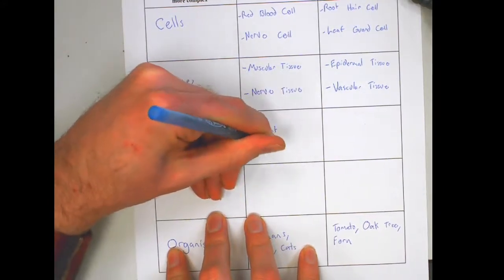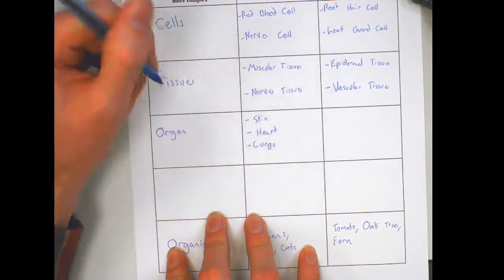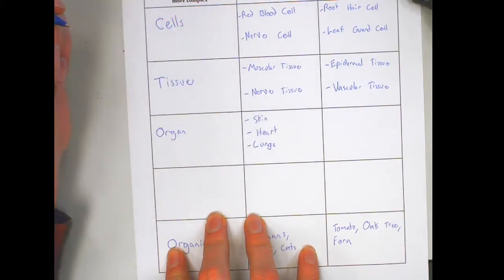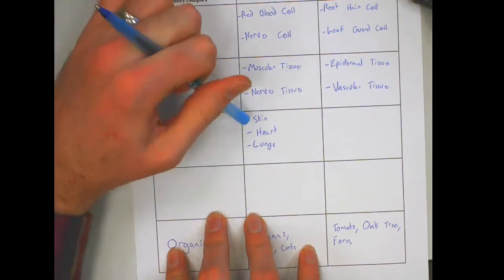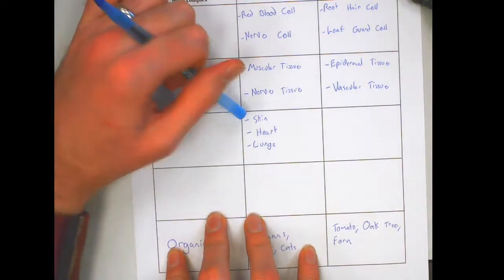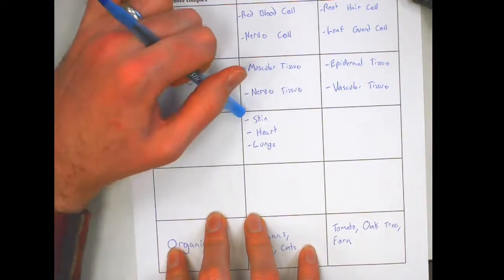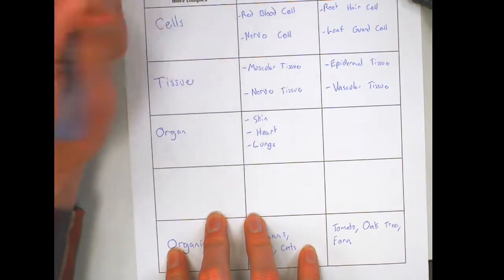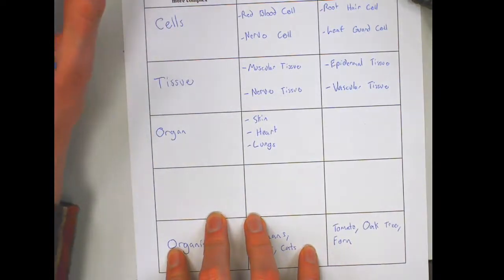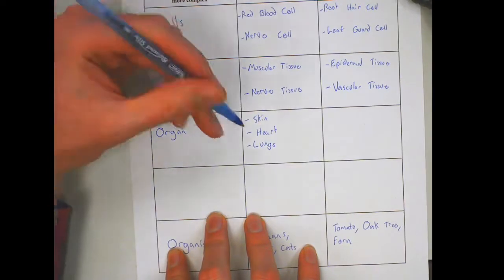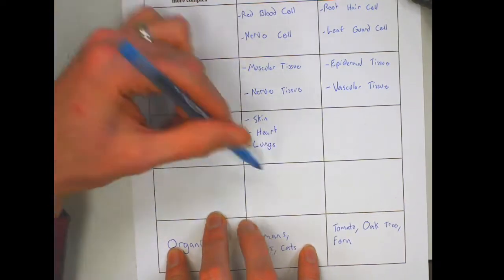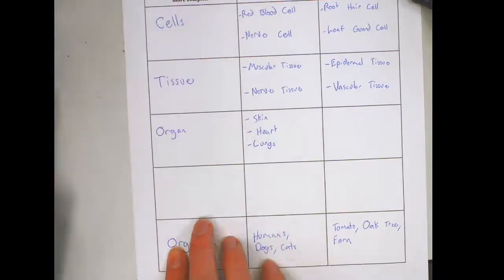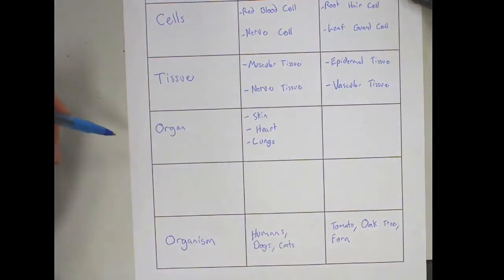Now, if you feel comfortable writing in some other organs, you can do that and then check with me to see if you got it right for a Pack-Paw or a McBuck. If I'm still doing that, I don't know. Well, I'm recording this. I just created this classroom currency, and we'll see if I still do it by the time I have you. If this is not the year that I'm recording, you're probably very confused. So we've got organ. We've got a couple different organs in a human right there.